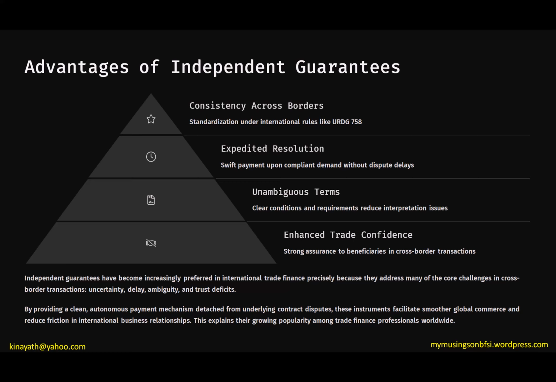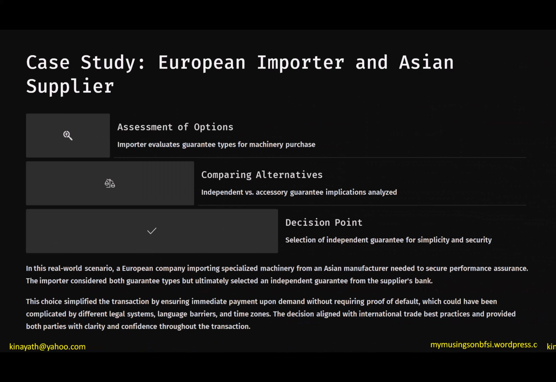What are those challenges? Uncertainty, delay, ambiguity or trust deficit. So, by providing a clean or autonomous payment mechanism which is irrevocable, independent, payable on demand, unconditional, it will help not to have any dispute in the cross-border contracts.